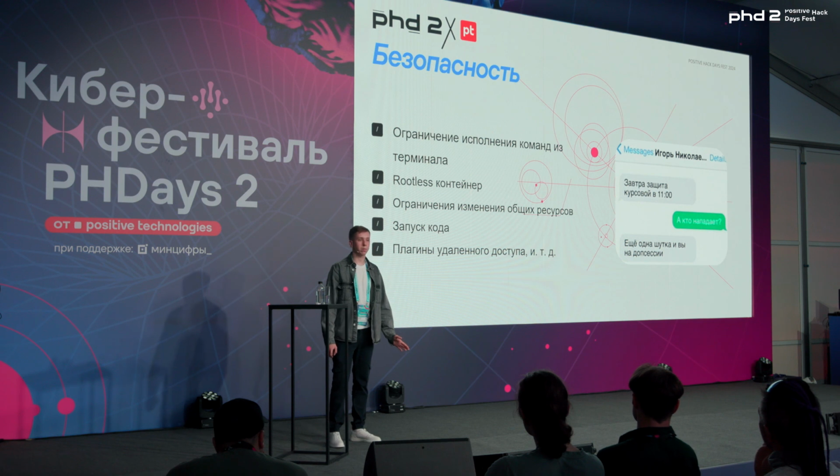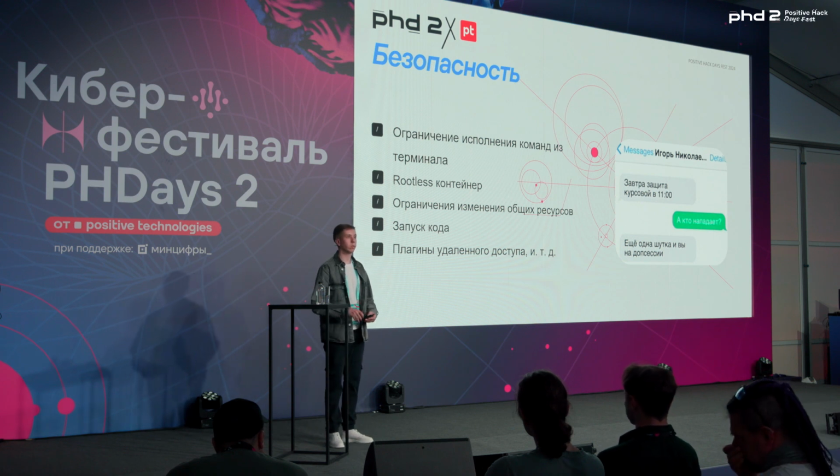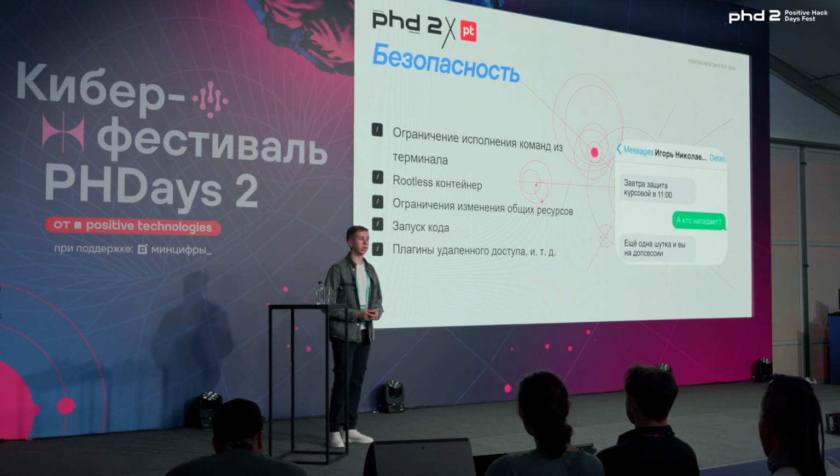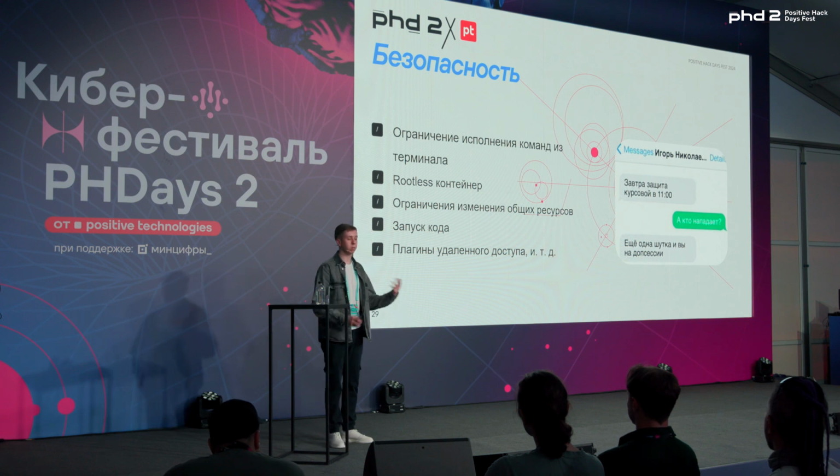Because there is some room for maneuver, particularly if you're a hacker. Finally, there are remote access plugins, which can enable some, shall I say, unauthorized access? Or malicious access.